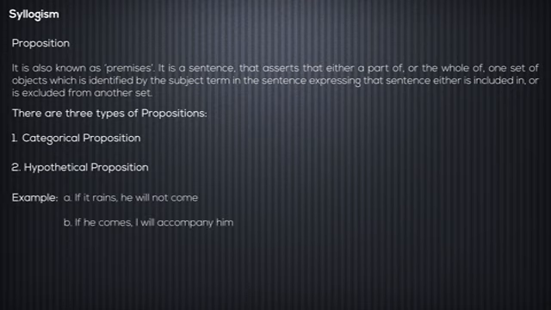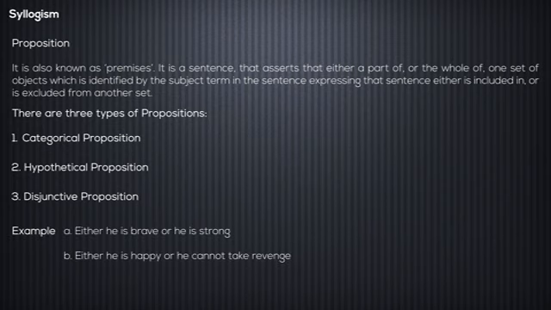Example: if it rains, he will not come. If he comes, I will accompany him. Disjunctive proposition. In a disjunctive proposition, the assertion is of alternation. Example: either he is brave or he is strong. Either he is happy or he cannot take revenge.